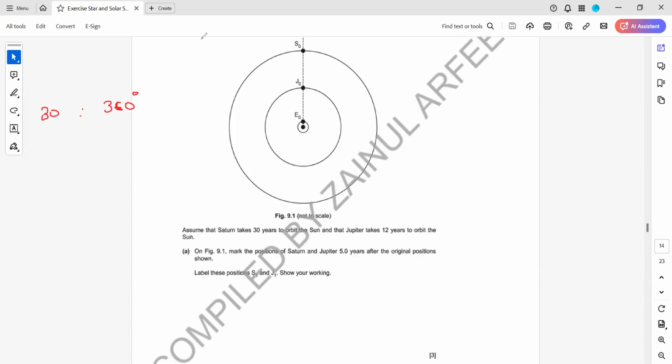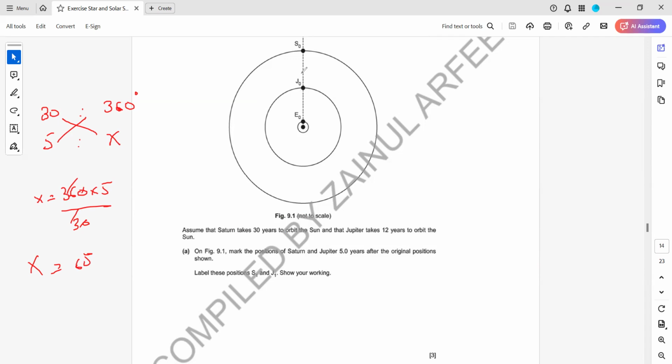One complete revolution, or 360 degrees, in 30 years. We want in 5 years. So in 5 years, how many degrees will there be? X. So cross multiply. It will be 360 times 5 divided by 30. That will be the value for X. When we simplify this, it will be 60. So Saturn will cover 60 degrees from the starting position.